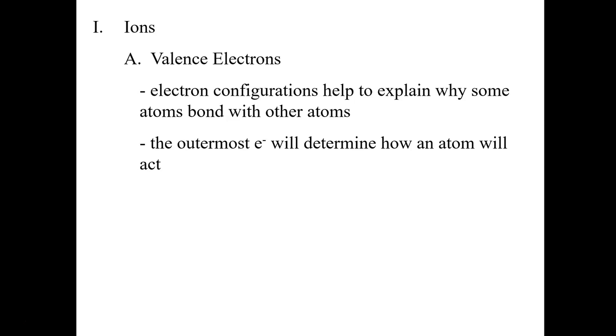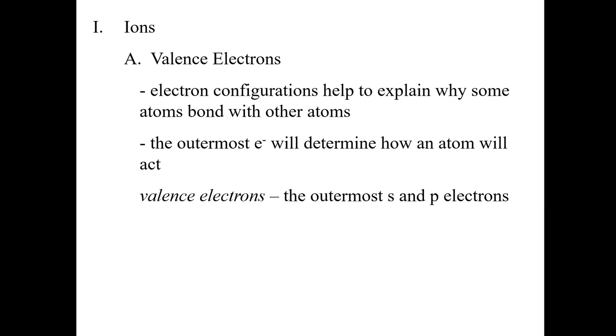Okay, so that outer shell, the outer energy level that an atom has, those electrons on the very outside are the ones that are going to come in contact with other atoms. So atoms are going to bond with other atoms using those outermost electrons. And that's what we call the valence electrons.